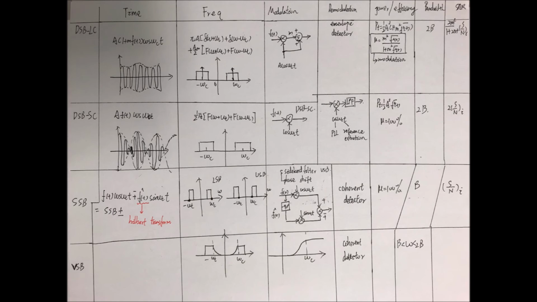The signal to noise ratio for double sideband large carrier, where we use an envelope detector, is 2m squared over 1 plus 2m squared times the input signal power. So this is almost everything about double sideband large carrier.